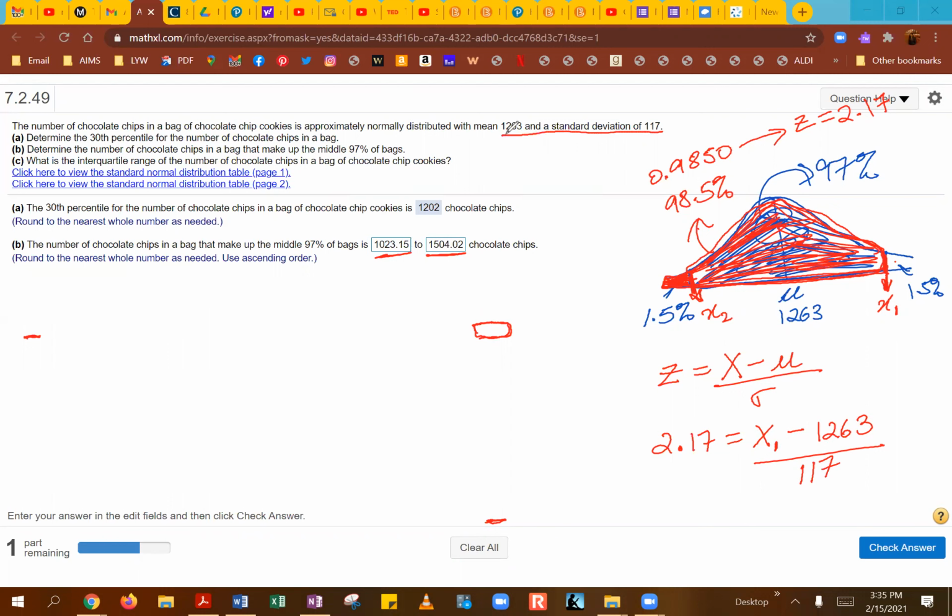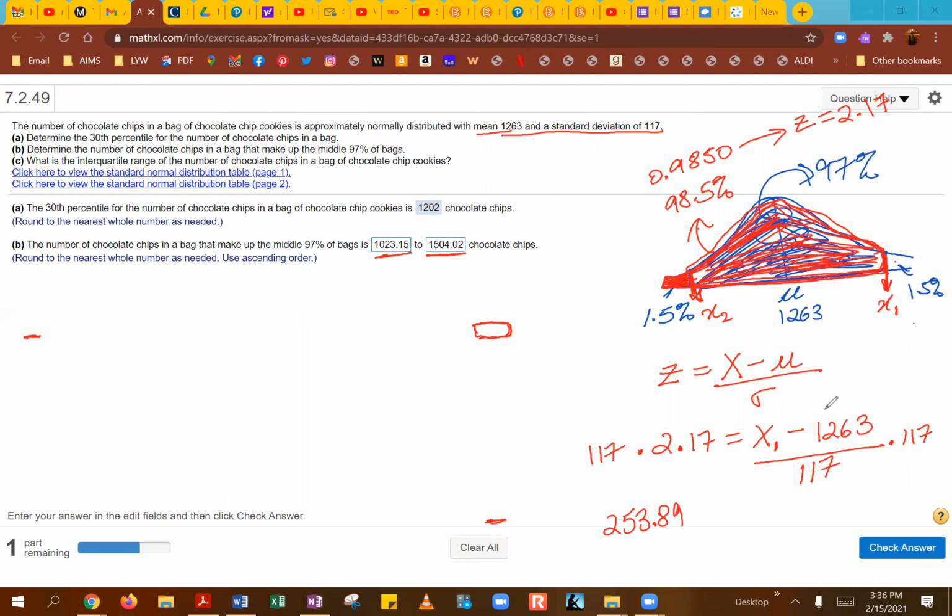So now all you have to do is work backwards to find that x1 value. So, you can start by multiplying both sides by 117. So 2.17 multiplied by 117 will give us, let's see, 253.89.